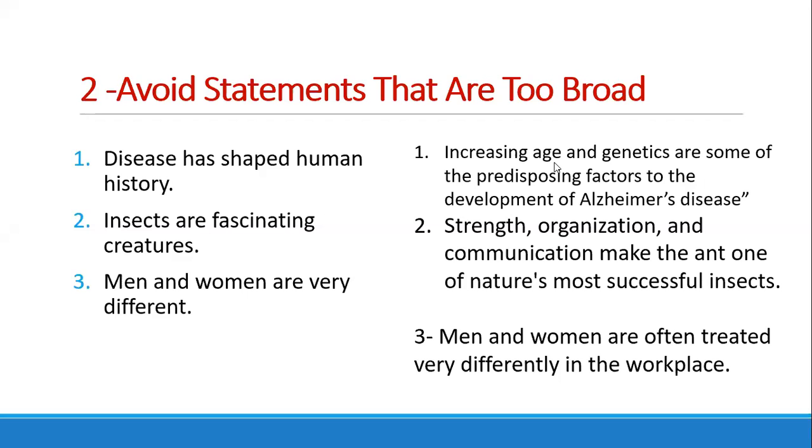So you can say becoming oblivious and forgetful. So memory loss, in other words. So "increasing age and genetics are some of the predisposing factors to the development of Alzheimer's disease." Now, in this thesis statement, you have very tactfully touched upon one subject, that is Alzheimer's disease, memory loss.